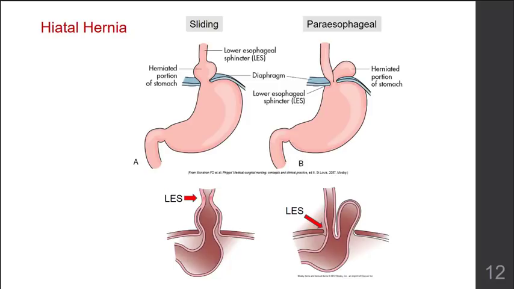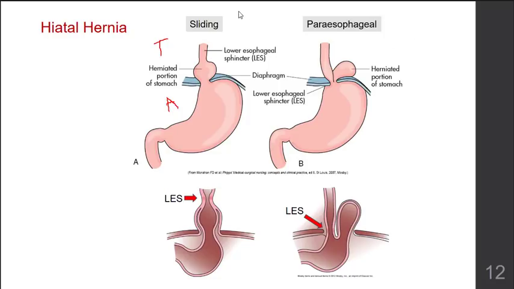So hiatal hernias are really protrusions or herniations of the upper part of the stomach. And really what's happening is the upper part of the stomach is herniating from, let's say this is the abdominal region, into the thorax, where it shouldn't be. You can see that there are two main types. We have sliding hiatal hernias and paraesophageal hiatal hernias, also known as rolling hiatal hernias.